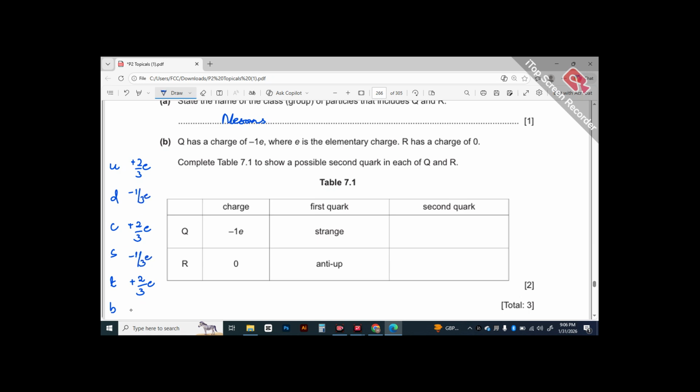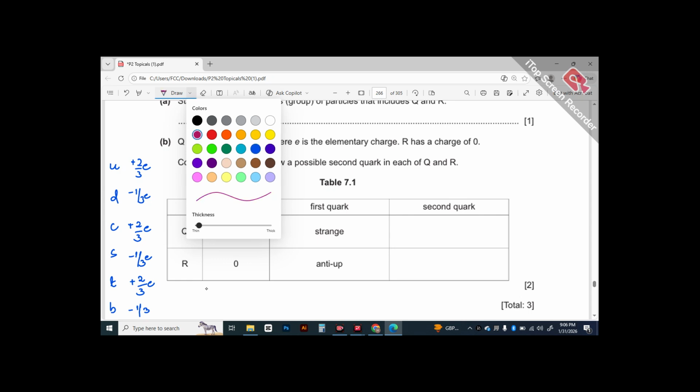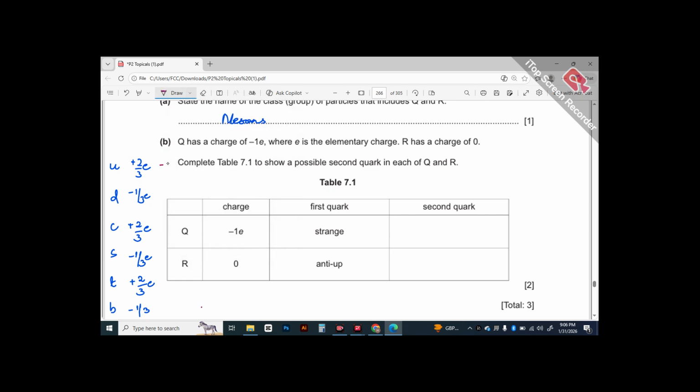Then their anti-quarks have the exact opposite: minus 2 by 3e, plus 1 by 3e, minus 2 by 3e, plus 1 by 3e, minus 2 by 3e, and then plus 1 by 3e. This is for anti-up, anti-down, anti-charm, anti-strange, anti-top, and anti-bottom.